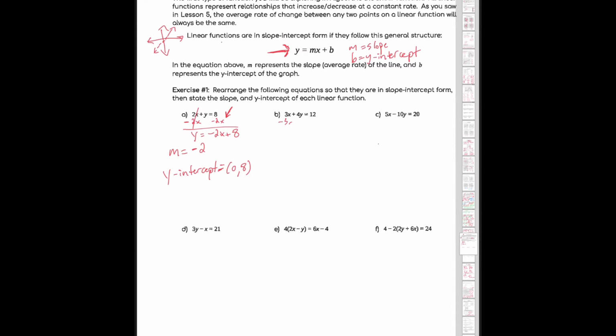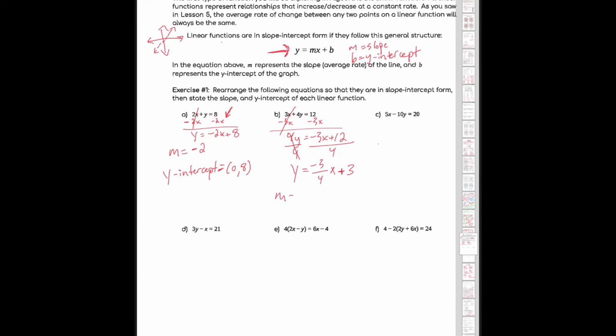Let's go ahead and do letter B now. First things first, we subtract our x. Now we have 4y equals negative 3x plus 12. Again, we always want to write the x value first because that's what has the slope attached to it. We then divide by 4. That gets our y by itself, and then we have y equals negative 3/4 x plus 3.